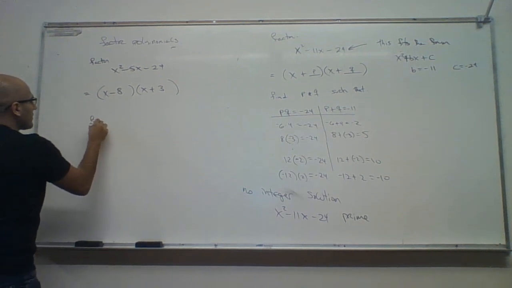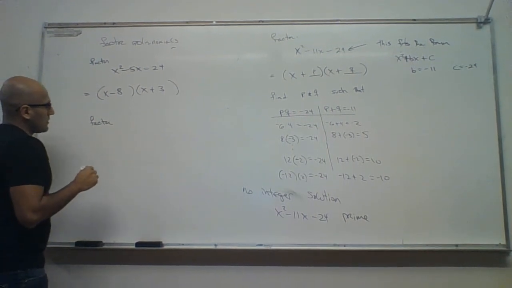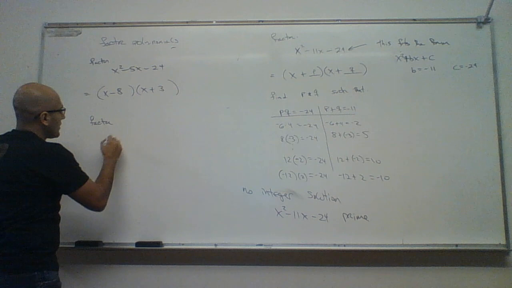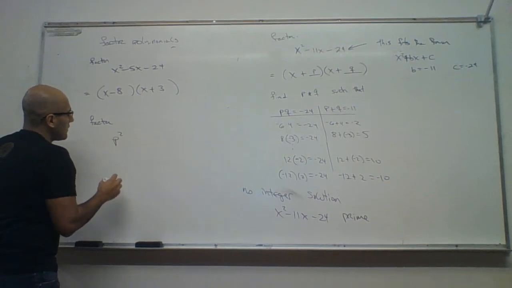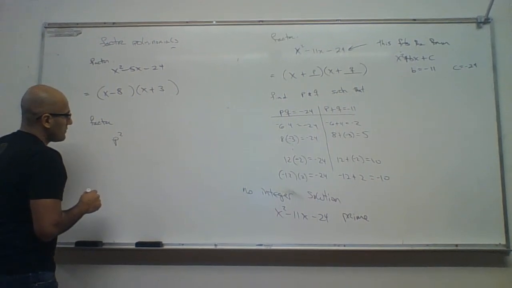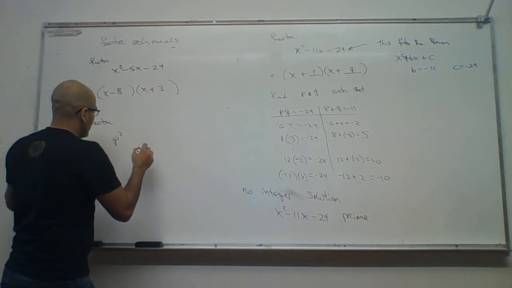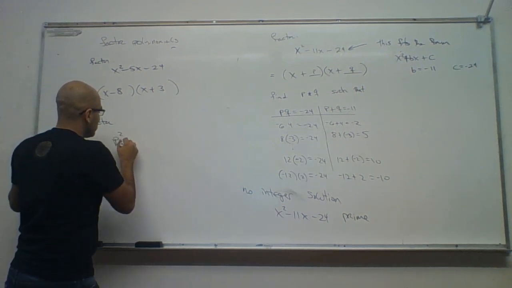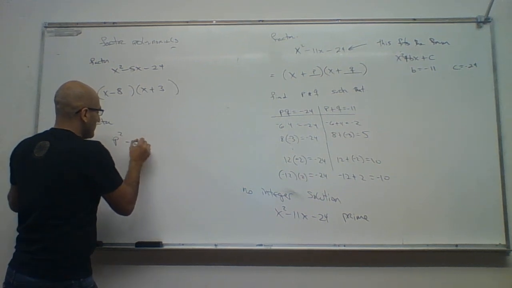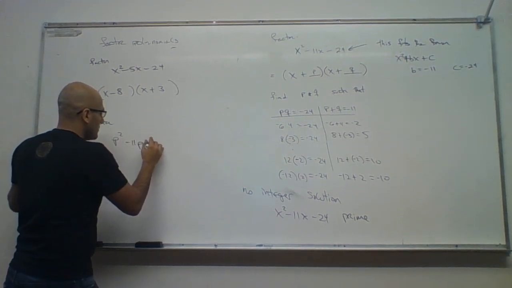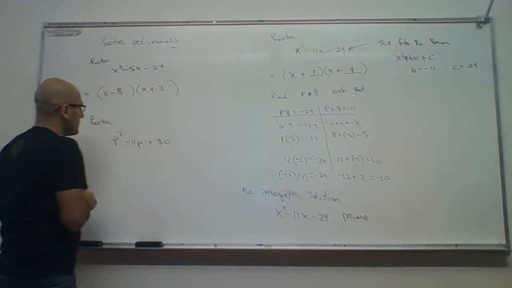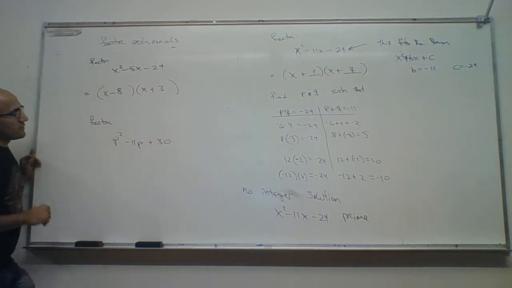How about another one? How about p squared minus 11p plus 30?